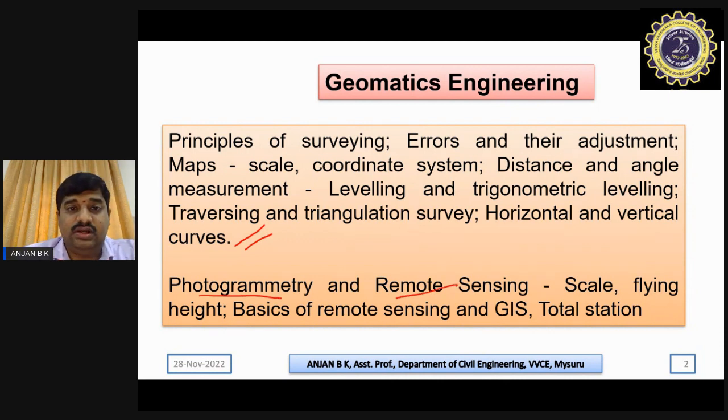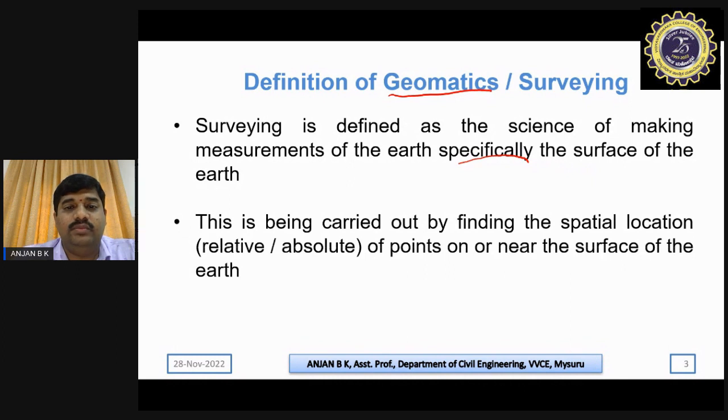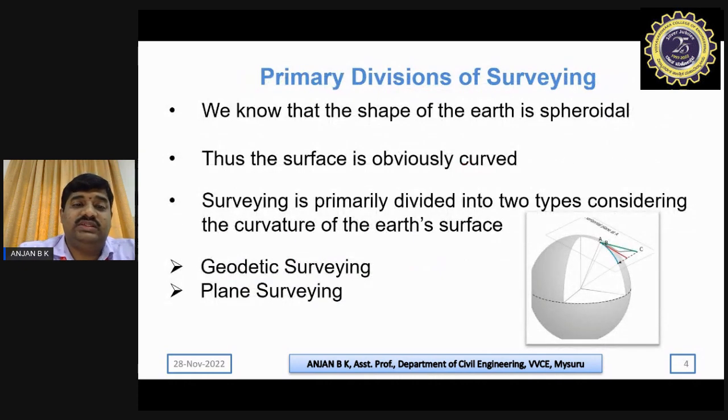So let us start. What is actually the definition of surveying, or in modern days it is called geomatics? It is nothing but the science of making measurements of the earth, specifically the surface of the earth. So what we will be doing is collecting the relative or absolute points, details, or finding the surface details or measurements above or below the earth surface.